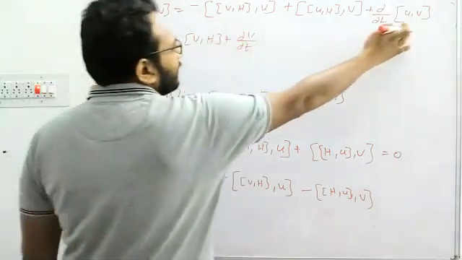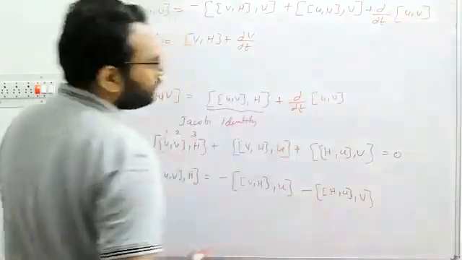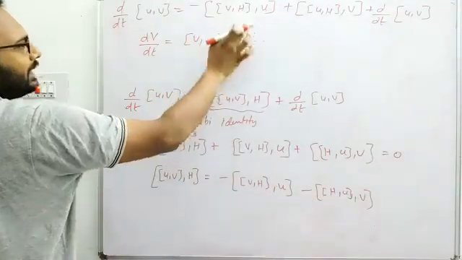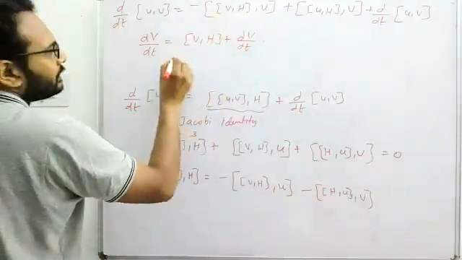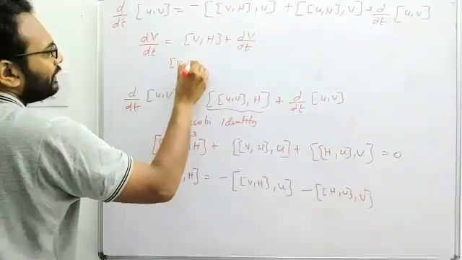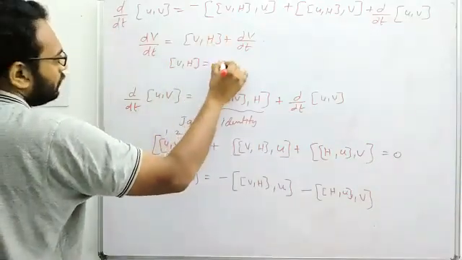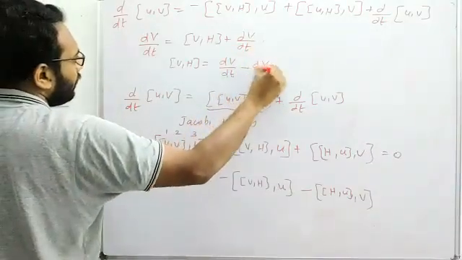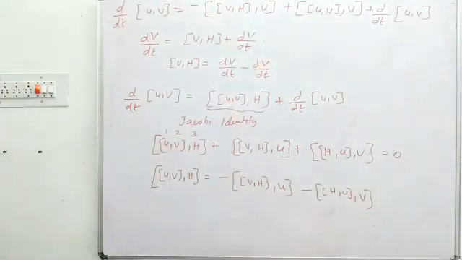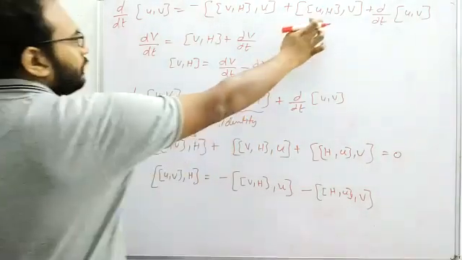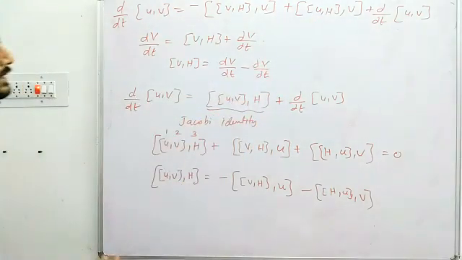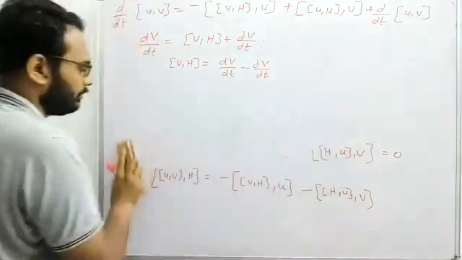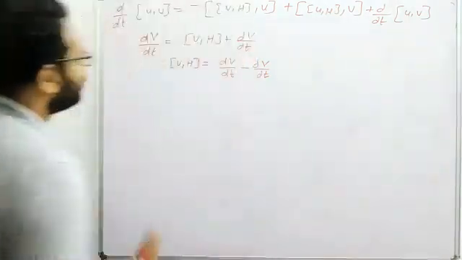So it's better to write this in terms of the derivative: {v, H} is equal to dv by dt minus dou v by dou t. Similarly, {u, H} you can write as du by dt minus dou u by dou t, the partial derivative with respect to time.